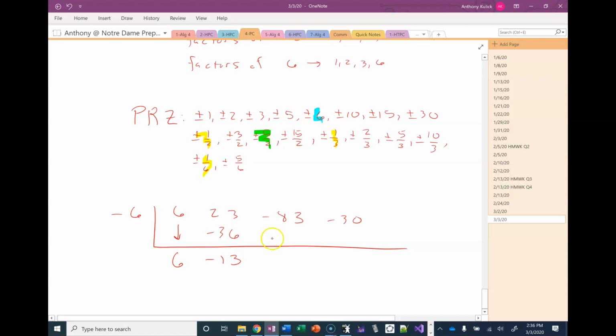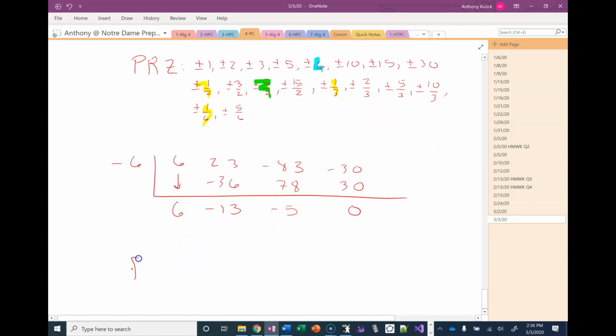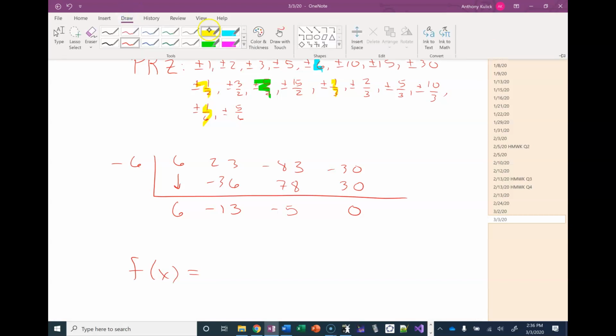How do I know if this works or not? Yeah, the remainder needs to be 0. Which, boom shakalaka, that's what we got. So what does this tell me then? It tells me that this quadratic is going to factor.